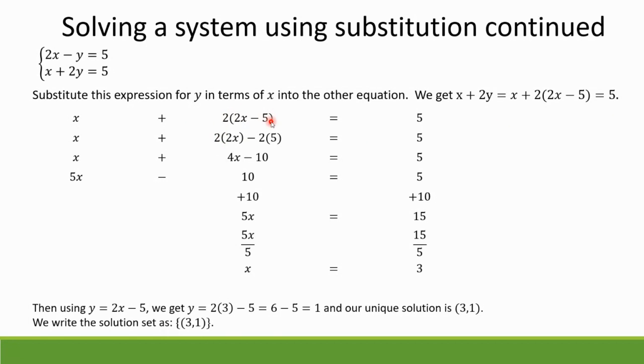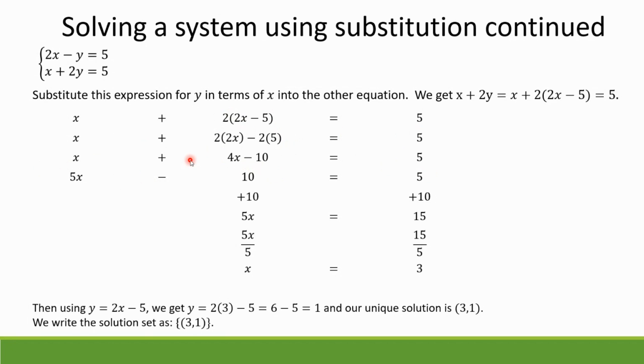So distributing, right? We want to get x all alone. So we have x plus 2 times 2x minus 2 times 5 is 5. And so that gives us x plus 4x minus 10 is 5. So we get 5x minus 10 is 5, right?